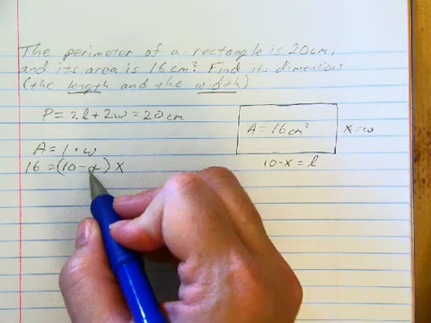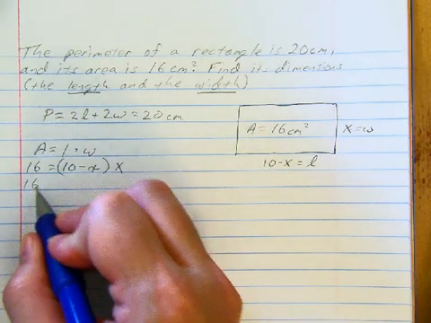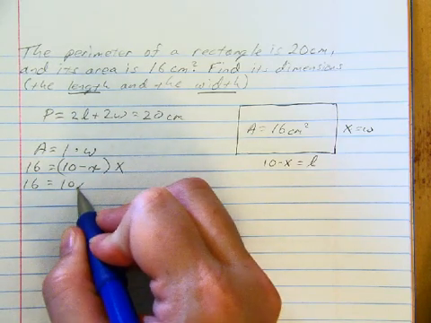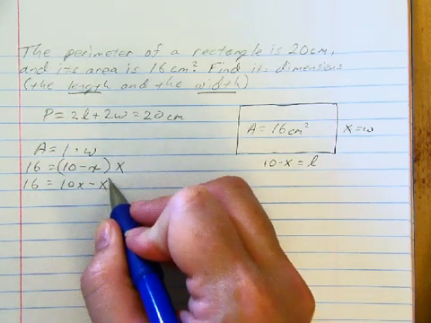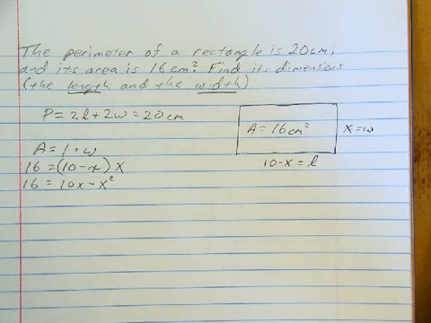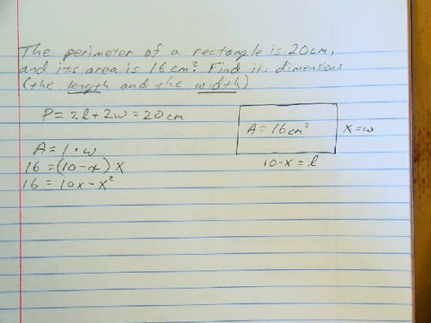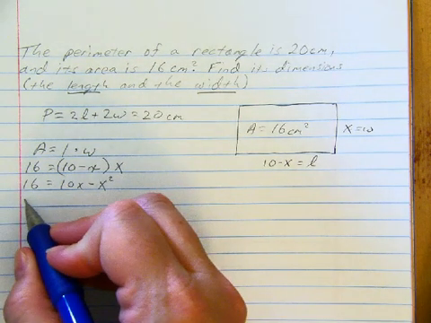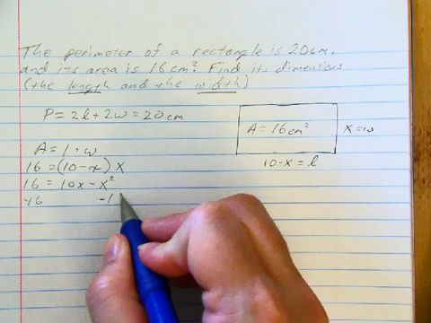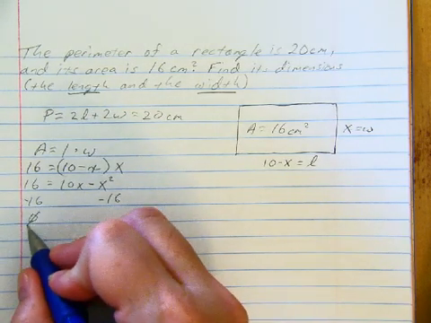Again, we're going to distribute this x. I've got 16 equals 10x minus x squared. We want this to be set up in that form ax squared plus bx plus c. So I'm going to move the 16, subtract it from both sides. So we get 0 equals.